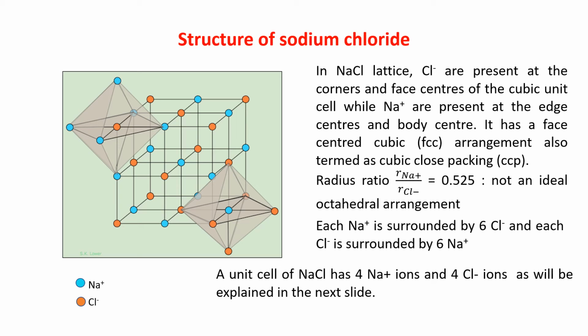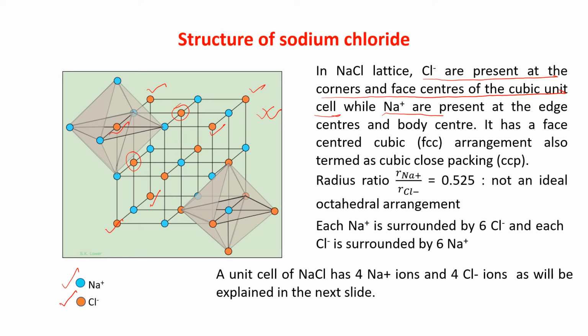Now here the blue one represents sodium and the saffron or the red is representing chloride ion. Now in this structure, in the figure, you can see that the chloride ions are present at the corners and the face centers of a cubic unit cell. See that in every corner there is a chloride ion, and in the center of the face also, the chloride ions are present.